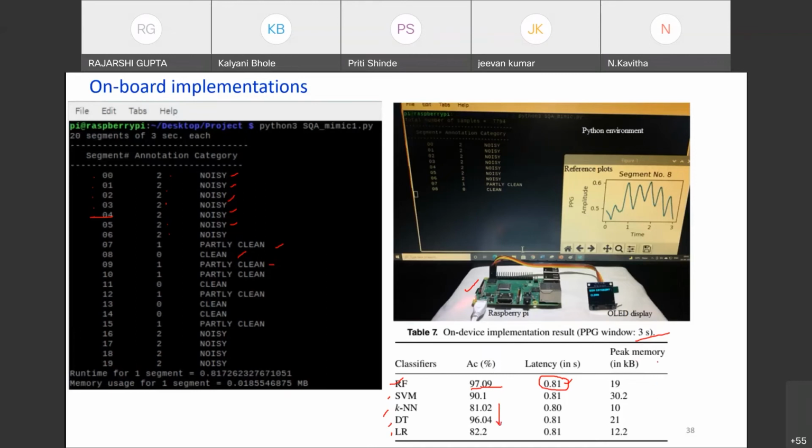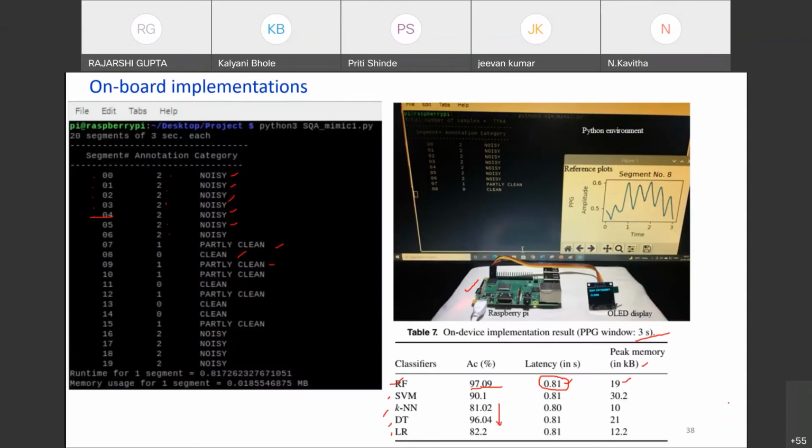And this is peak memory requirement in KB, because when the code operates, the peak memory requirement fluctuates depending upon which type of operation is being done. You can see that only 19 KB of memory is consumed, including the 3-second data having 12 bit of resolution. So it is a great savings on your memory also.